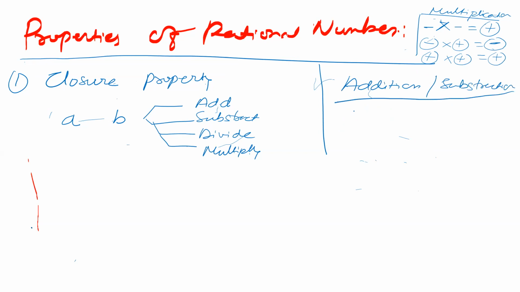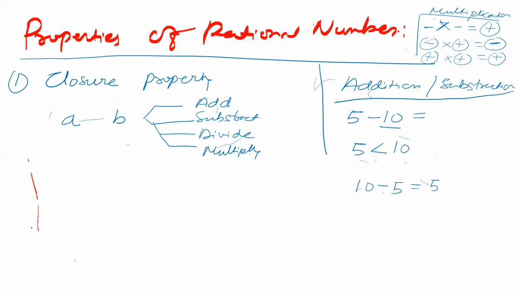Now, if I have 5 minus 10, what is the value here? A bigger number is being subtracted from a smaller number. You see, 5 is smaller than 10, right? Usually, if I subtract 5 from 10, I am getting 5.